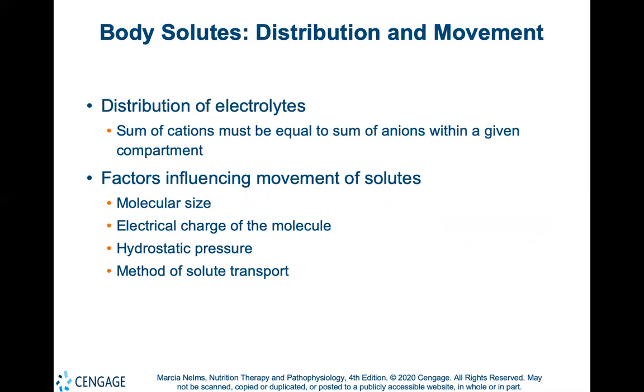In the extracellular fluid, the major cation is sodium and the major anions are chloride and bicarbonate. These are found in only small amounts in the intracellular fluid. The major cation in the intracellular fluid is potassium and the major anion is phosphate. Potassium and phosphate concentrations are low in the extracellular fluid.